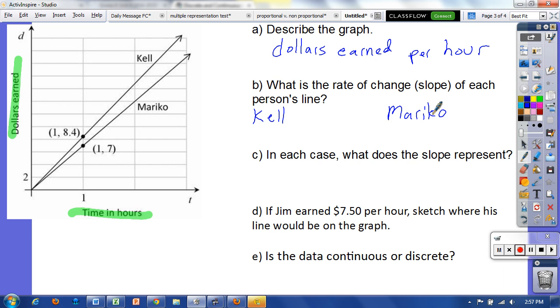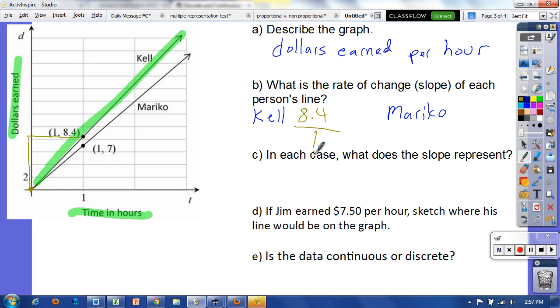Okay. So looking at Kel first. All right, this is Kel's line. To get the slope here, I'm going to count rise over run. So I start at 0, 0, and I rise up to 8.4, and I run to 1.